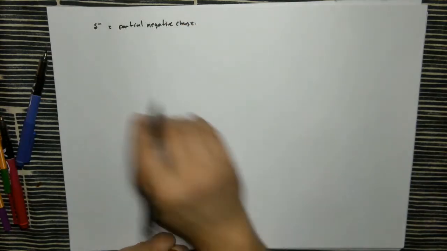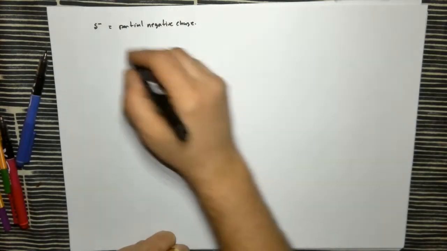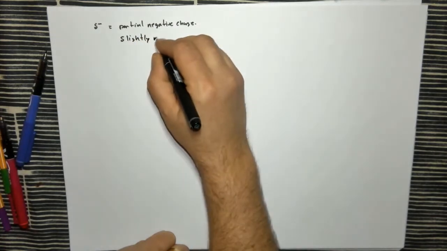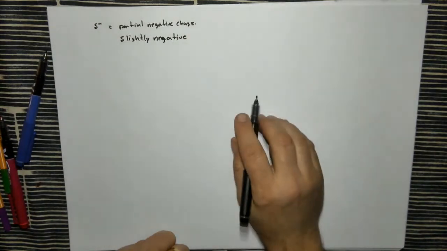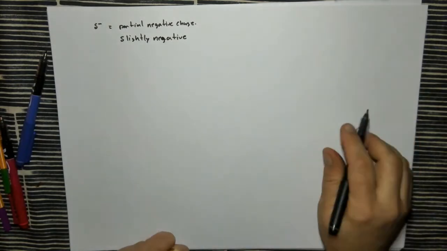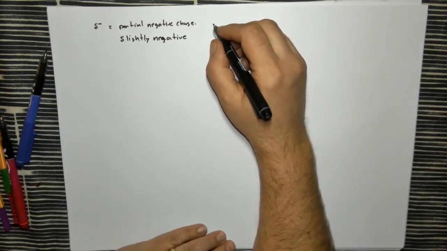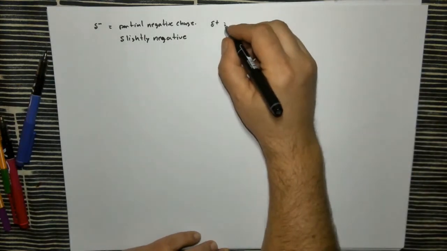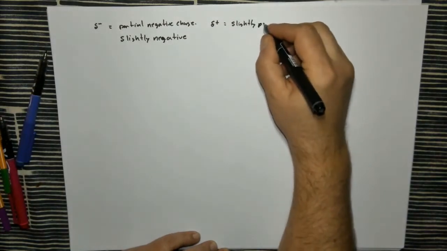So any atom that has the symbol next to it is slightly negative, and it's slightly negative due to the electronegativity difference, which is the model for polarity. And if you have this symbol, which is delta positive, it means exactly the opposite: slightly positive.